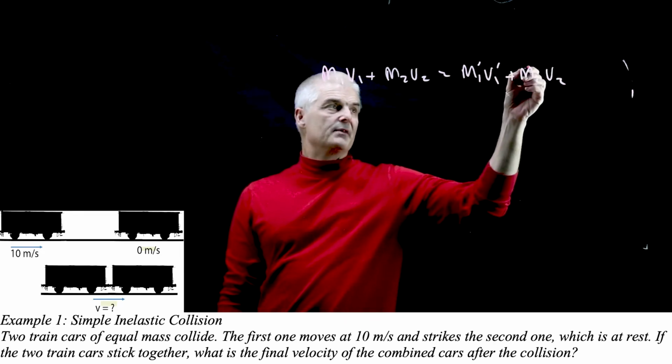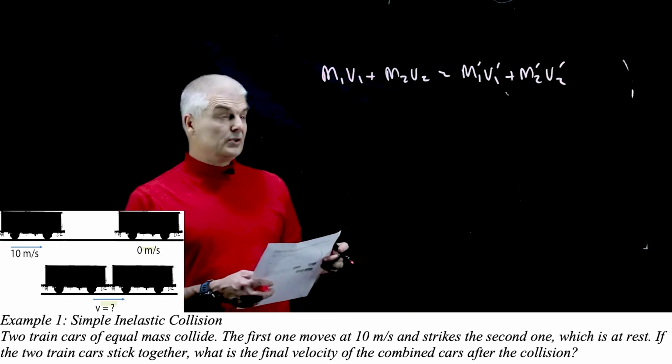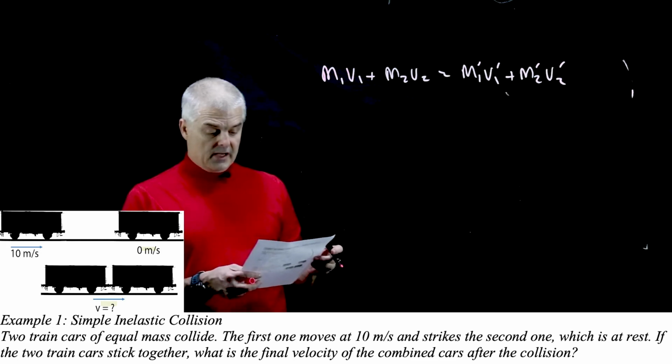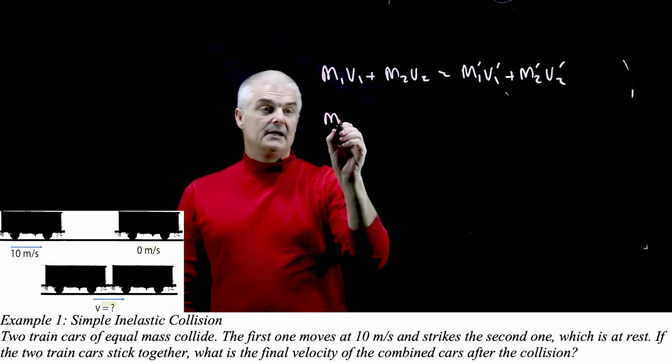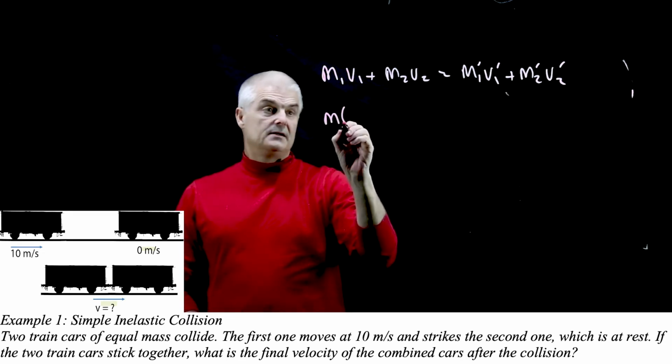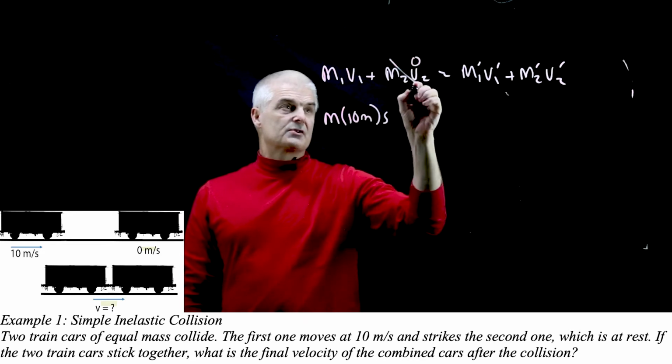Sometimes we'll put a prime on these, meaning after the fact. In this case, we've got only one in motion, the first car, and it's M1. All the M's are the same, so we can say M times 10 meters per second. And this V is 0, so this term drops off.